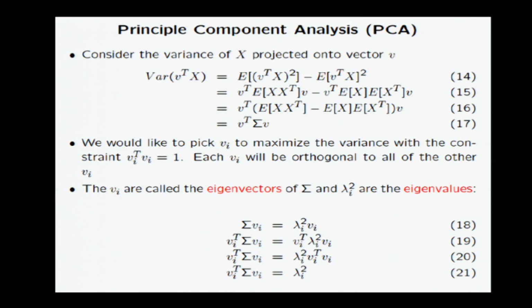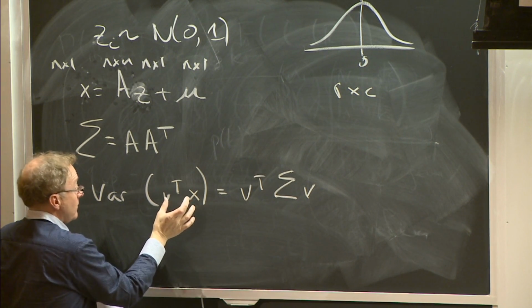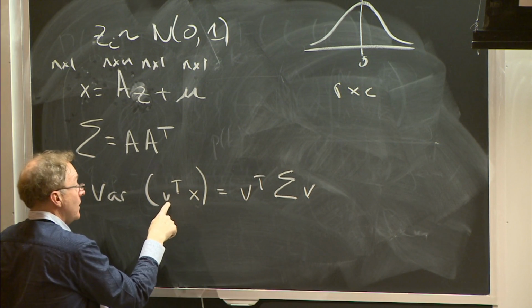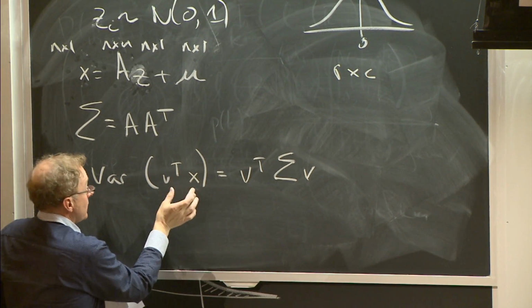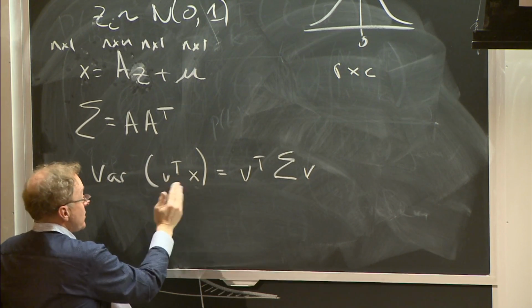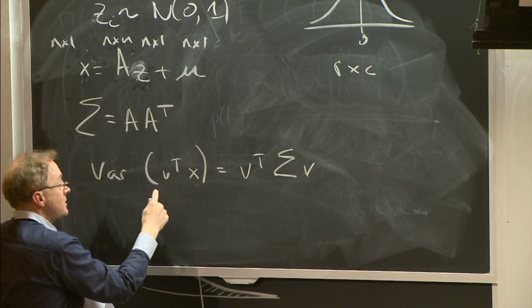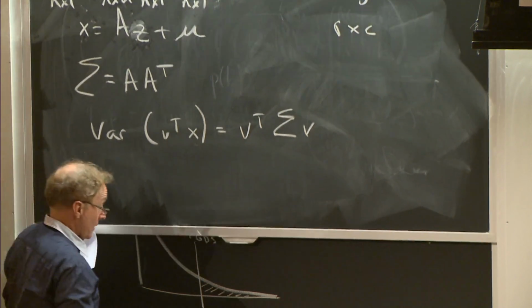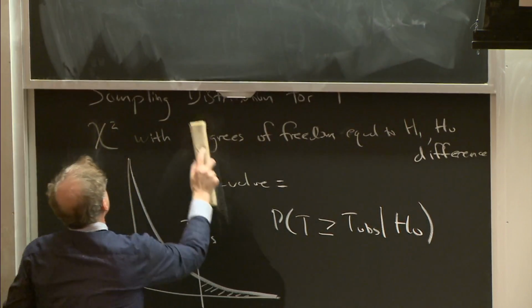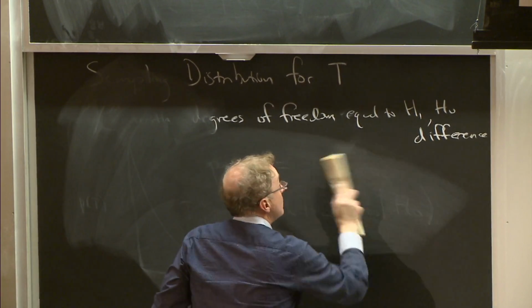So the variance of this vector, the projection of this random variable onto this vector, is going to give you a variance in this direction.